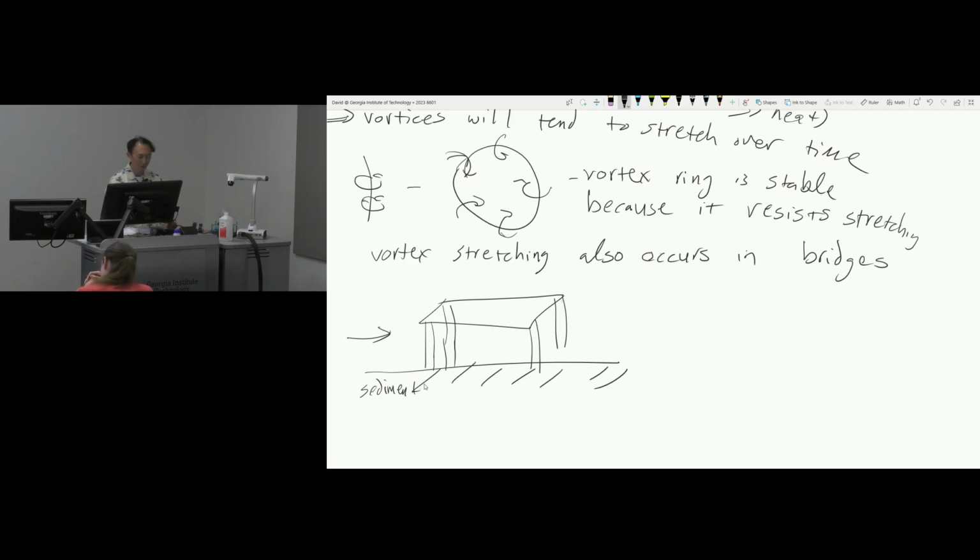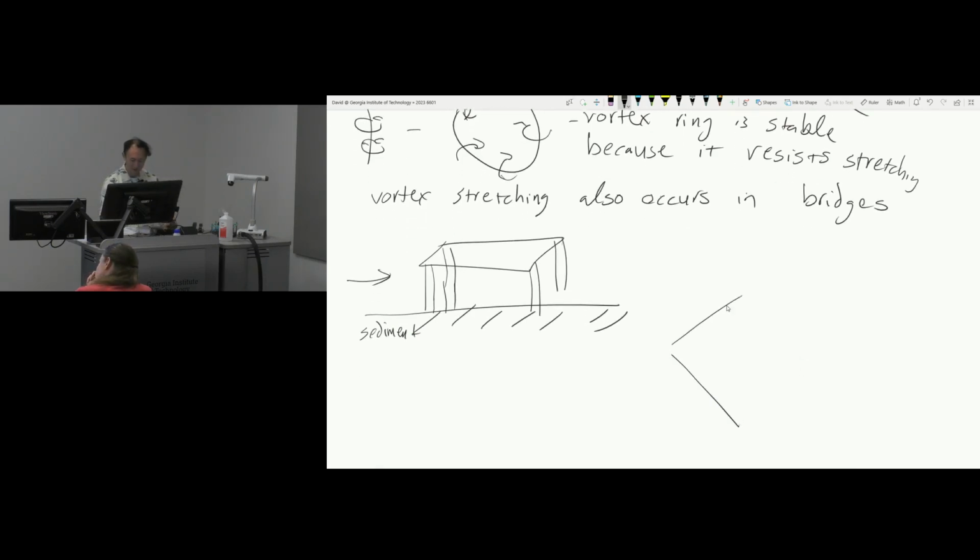What goes on is that if you've got some water flow, let's draw a view like this. If I've got uniform flow going on the sediment, then, as we saw from the butterfly talk, you're going to have a velocity gradient, so you get no slip on the bottom.